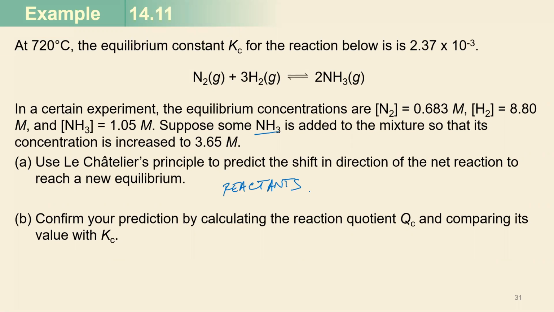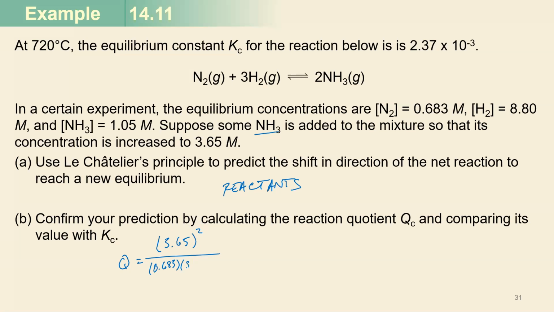And we can always confirm Le Chatelier's principle by looking at Q. And so Q, well, they're telling us that the concentration of our ammonia is 3.65 molar, that quantity squared, divided by the concentration of N2. It says it hasn't changed, so that's 0.683.